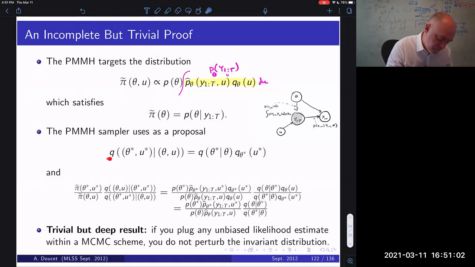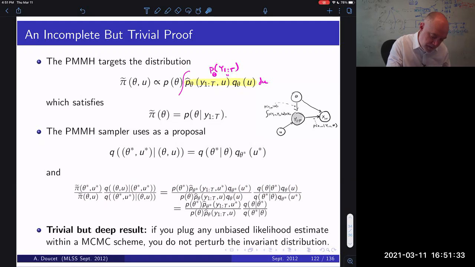Which means that if we choose a proposal distribution for an outer Markov chain Monte Carlo algorithm, an outer Metropolis Hastings algorithm, then we can evaluate this probability with the Hastings ratio. If we simply write these quantities out and plug them in, this joint is here, this joint is here, here are our proposal distributions.